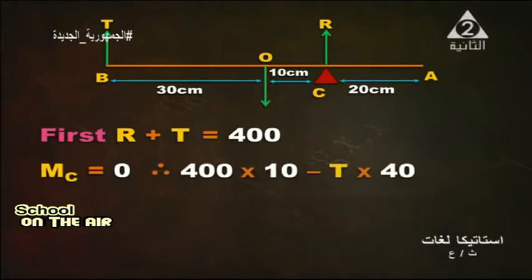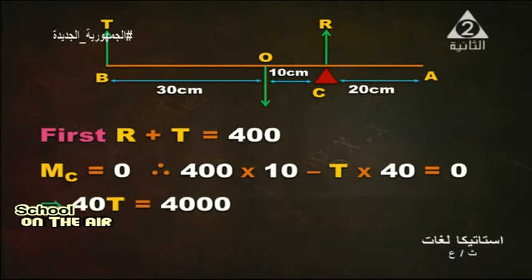Therefore, what is the moment at C? Look at the forces which act at C. We have 400, the weight of the rod, and R, and the moment of R equals 0. Why? Because the moment at C means R's moment equals 0, but the tension multiplied by the distance between B and C. Therefore, 400 times 10 minus T times 40 equals 0. From this equation, it is easy to find the value of the tension T. Therefore, the tension T equals 100.